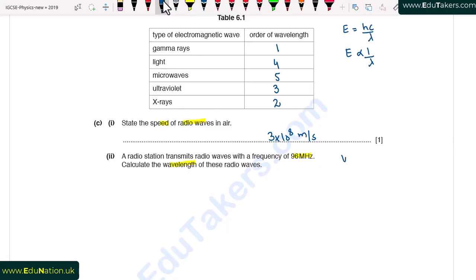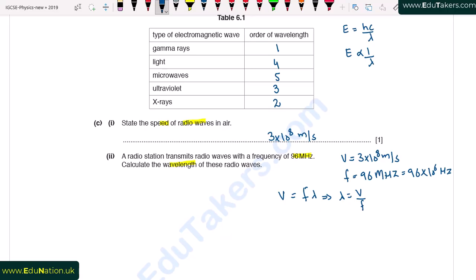We use the same, that v is equal to 3 into 10 to the power 8 meter per second, and frequency is given, that is 96 MHz, and it is equal to 96 into 10 to the power 6 Hz. So here we have to calculate the value of wavelength by using the relation that v is equal to f lambda. So lambda is equal to v over f.